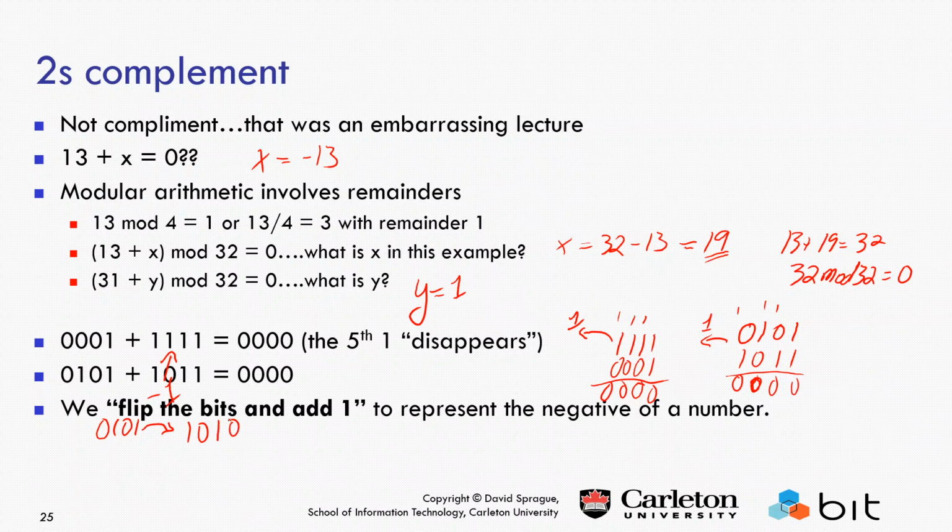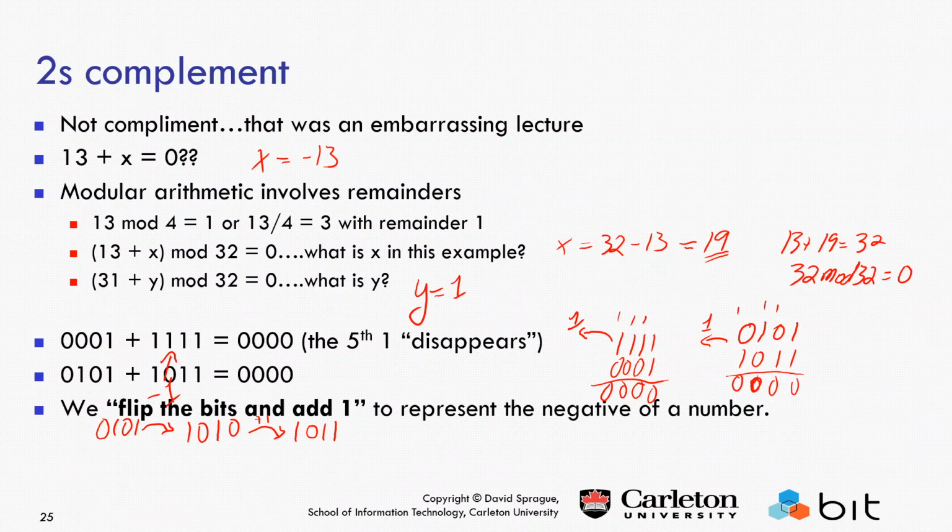Just blindly flip the bits. Everywhere you have a 0, it becomes a 1. Everywhere you have a 1, it becomes a 0. And then we add 1. Add 1 to this whole thing, so it's going to be 1011. Hey, that's -5. This just happens to be how the math works for us all the time.